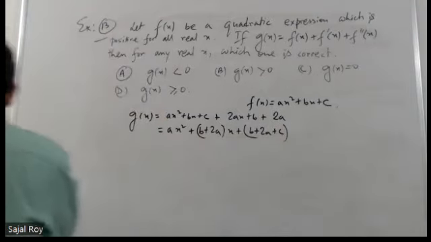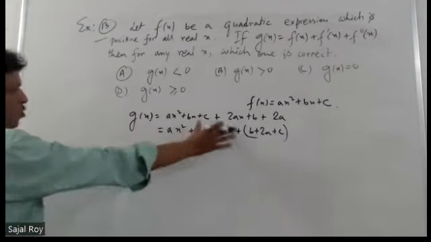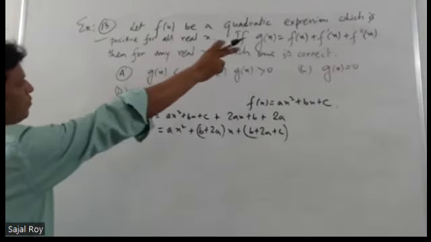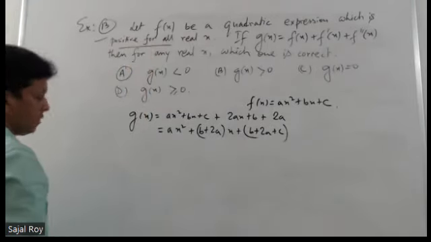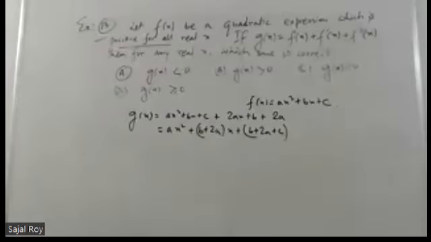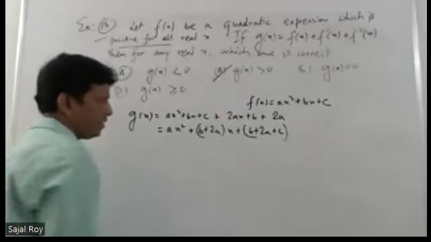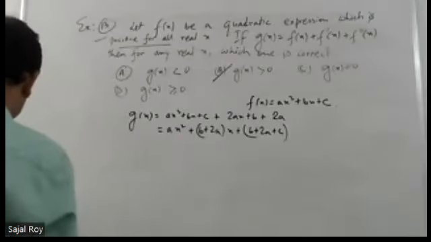So g(x) is also quadratic, and f(x) is positive for all x. Sir, I guess it will be g(x) greater than or equal to 0. g(x) greater than 0. Oh, sorry, greater than 0. Yes. Option B. Very good.